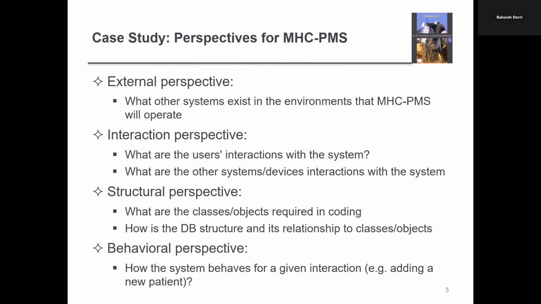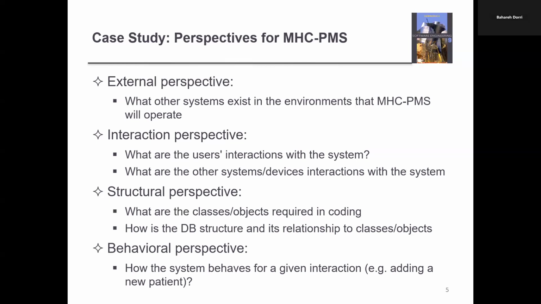So starting with the external perspective, we want to ask what other systems are part of the environment in which MHCPMS will operate. For example, are there hospital databases, billing systems, or appointment schedulers that this system needs to interact with? This helps us understand the boundaries of our system and its dependencies.